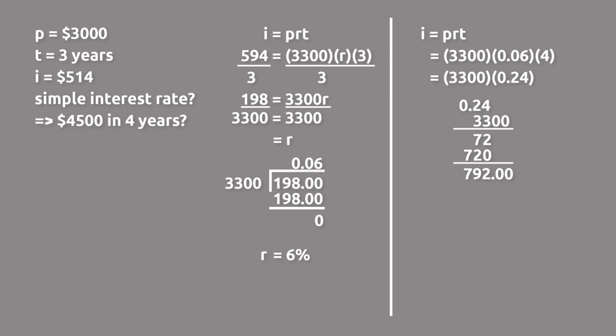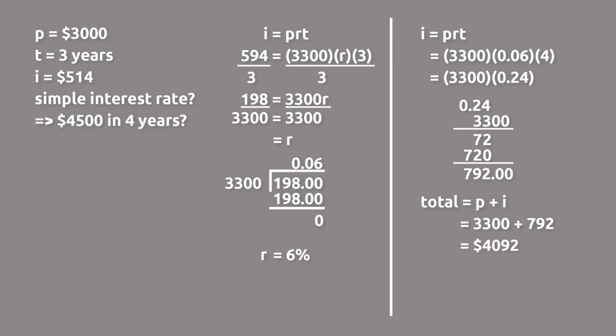So we go ahead and we look at what's the ending amount. So the total amount equals the principal plus the interest, which equals 3,300 plus the 792, which ends up equaling 4,092.